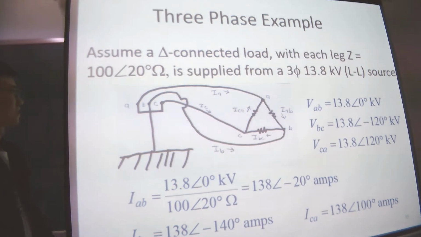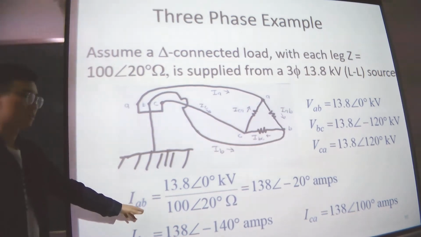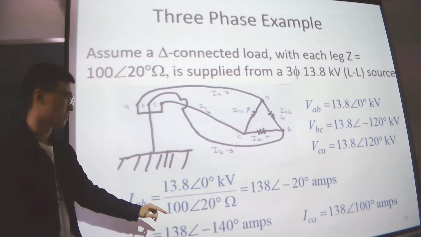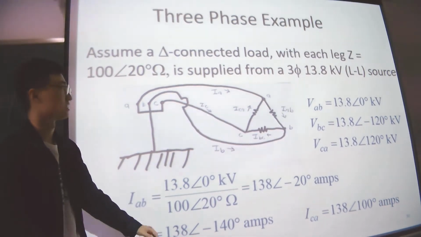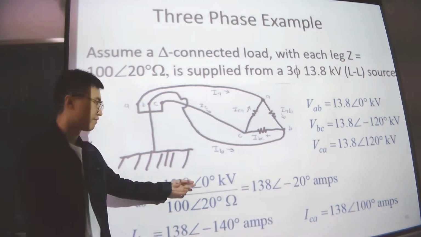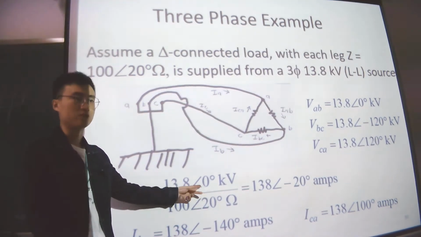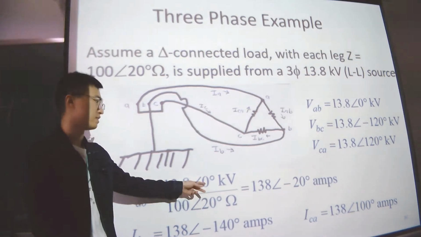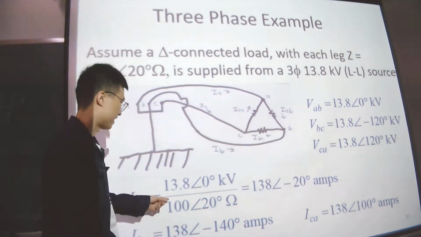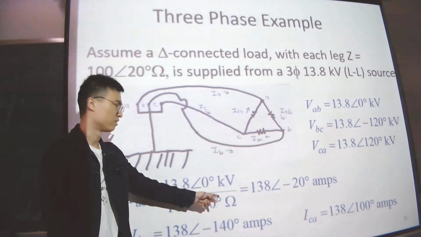So for the line current here, right? Line voltage is divided by this impedance, right? For the division, the angle is subtracted: 0 minus 20, minus 20. And this is because this is kilo, right?